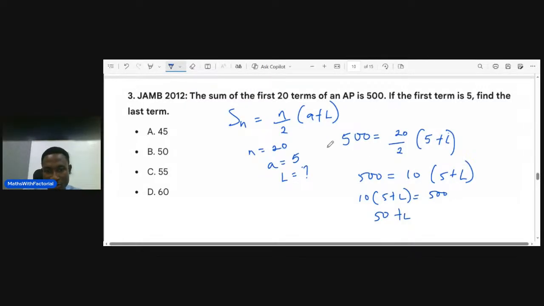Let me correct this here. It should be 50. I guess they made a typo. So the sum that we're given is 50. So let's use 50.